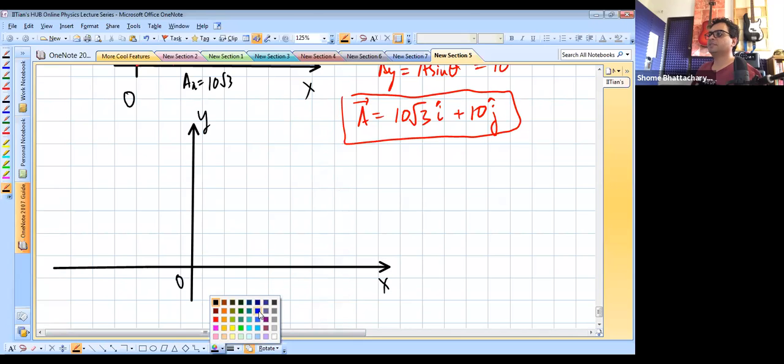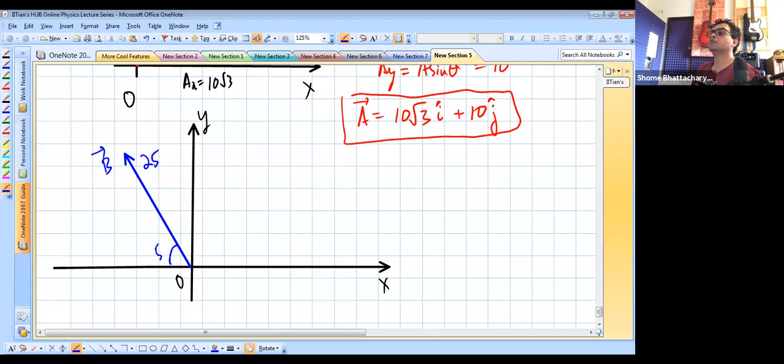Now for the vector B, I should be mindful that it's in this sort of direction. It had a magnitude of 25, but more importantly, this angle was 53. As far as the standard angle theta with the x-axis is concerned, that's this one.